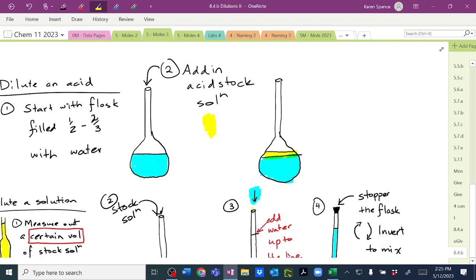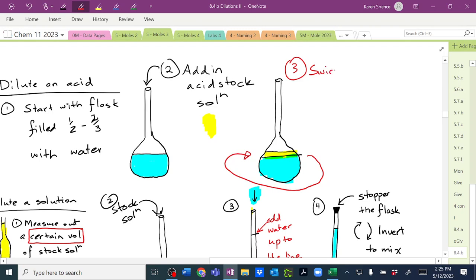I can add more water, but before I do that, I probably want to swirl it, okay? Swirl to mix.